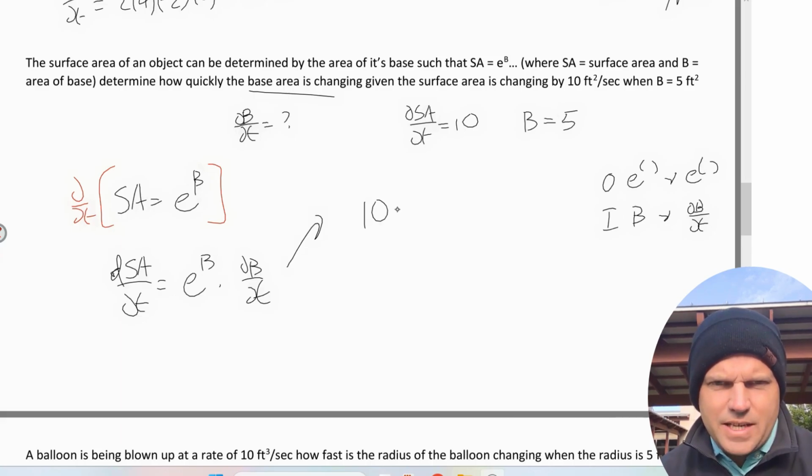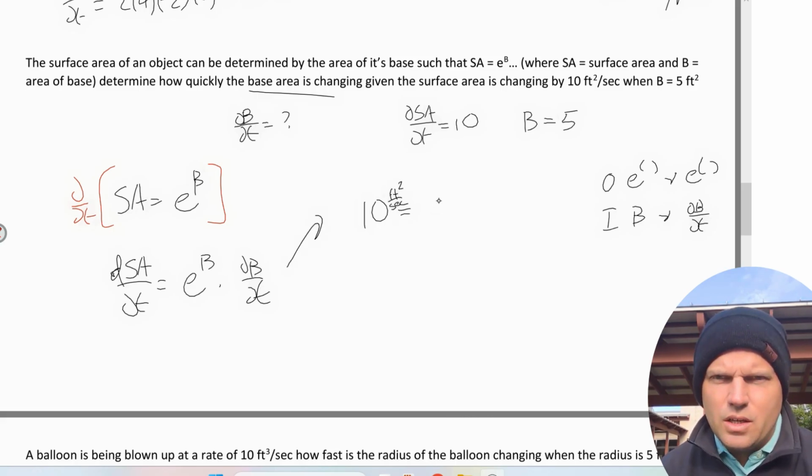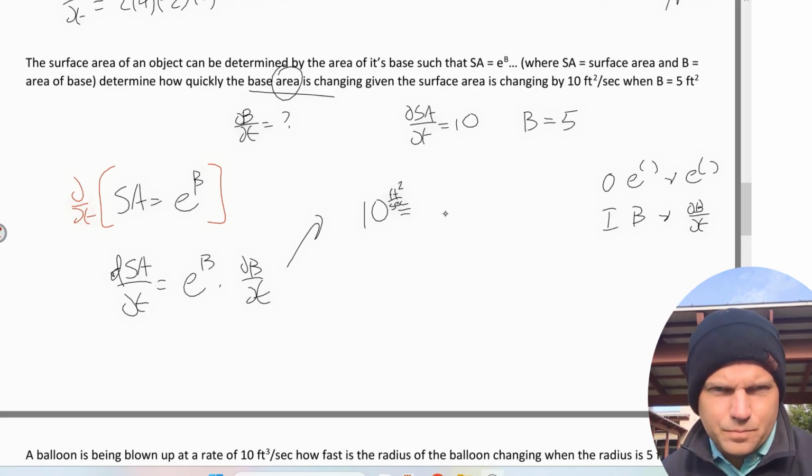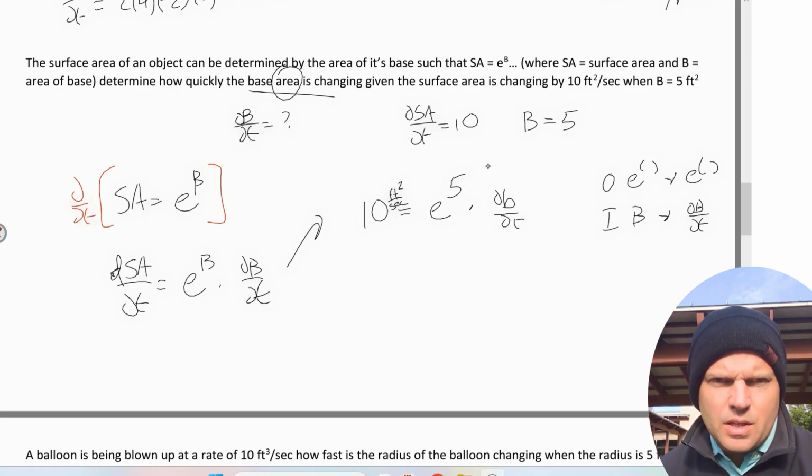Surface area is changing by 10 square feet per second. And watch how this will help us if you use units. How's the base area changing? It should be in square feet per second. We got e to the b. We got dB/dt. The base area is square feet.